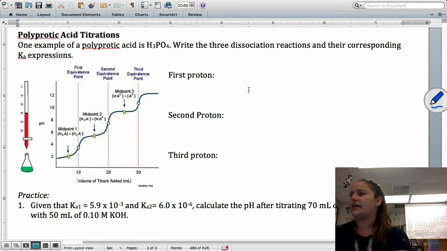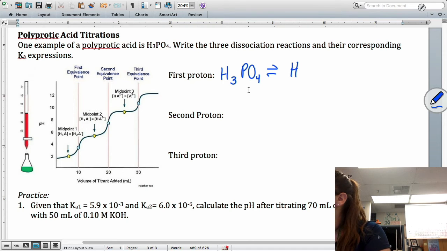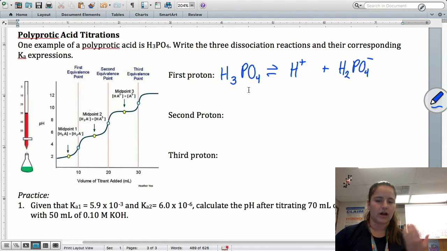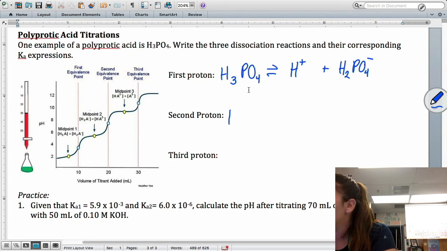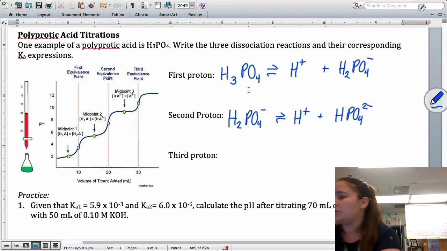If you want to picture this, we're first going from H3PO4. It is a weak acid, so it'll lose one of its H pluses, and what you'll be left with is H2PO4 minus, because it lost a proton, which has a positive charge. Then, eventually, that H2PO4 minus is going to lose another proton, so you're going to have HPO4 2 minus.